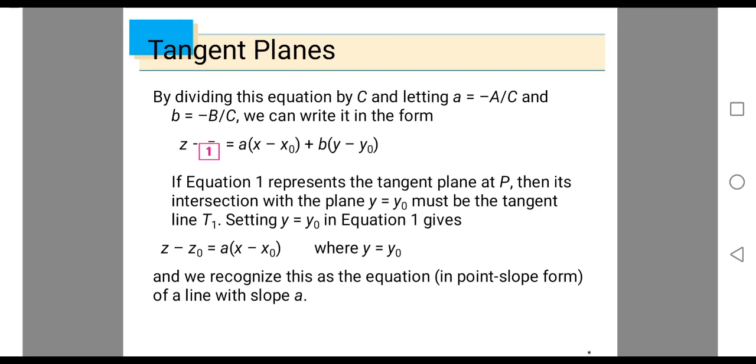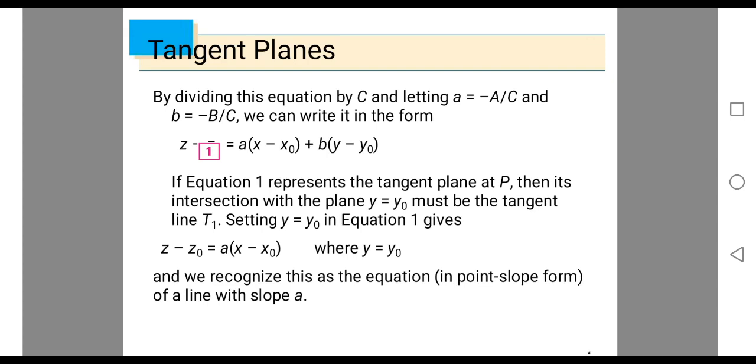Then a into x minus x naught, where x naught is the x coordinate of our point, plus b into y minus y naught, the y coordinate. So this is the actual equation that will help us find the tangent planes.